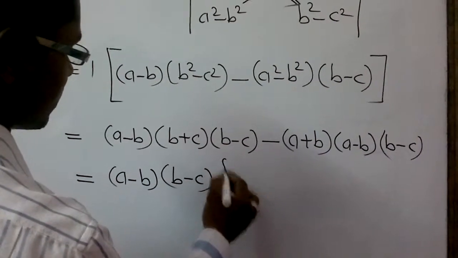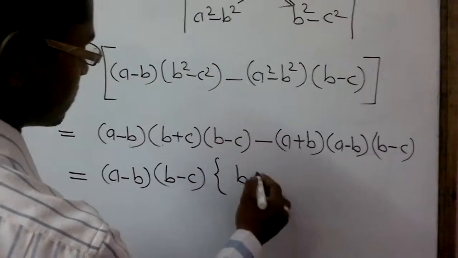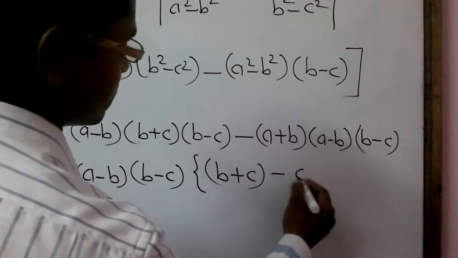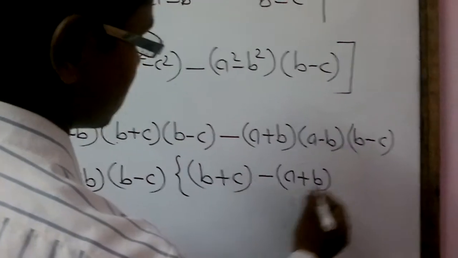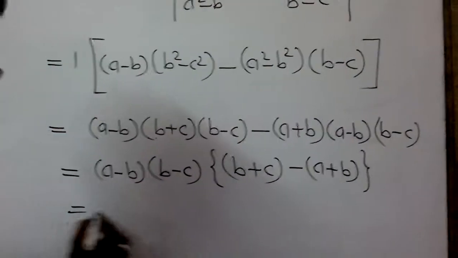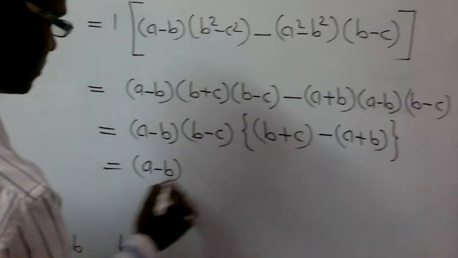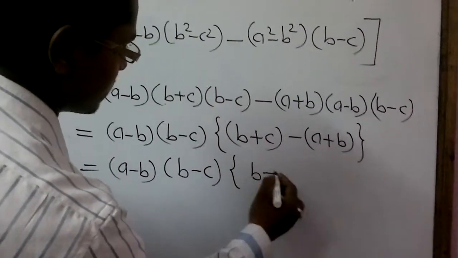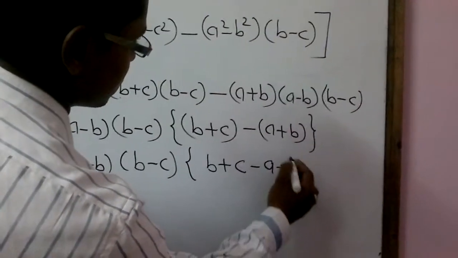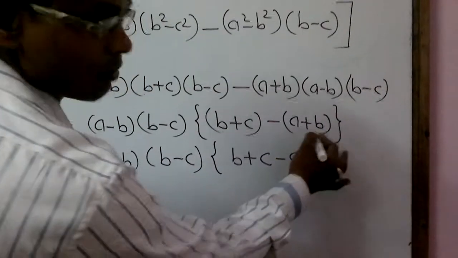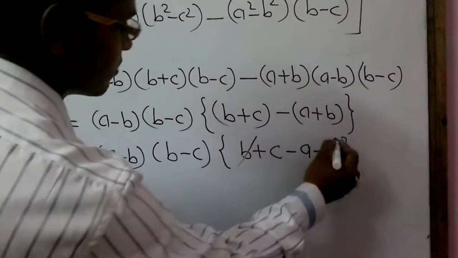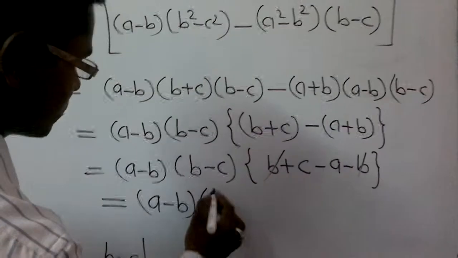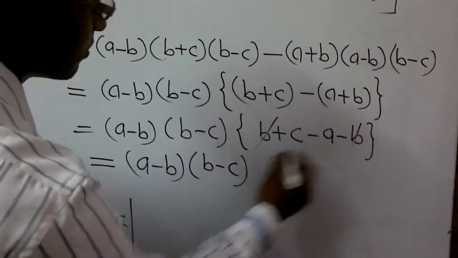Inside we have b plus c minus a plus b. That is equal to (a minus b)(b minus c) times b plus c minus a minus b. Here b cancels with b, which gives (a minus b)(b minus c)(c minus a).